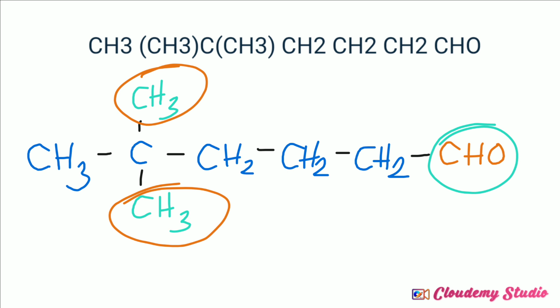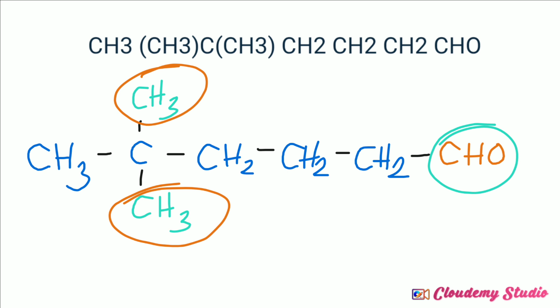Let's check from the left extreme. This will be the first carbon: 1, 2, 3, 4, 5, 6. Six carbon atoms are there in the longest continuous chain. If we start from this end also, 1, 2, 3, 4, 5, 6, the same six.